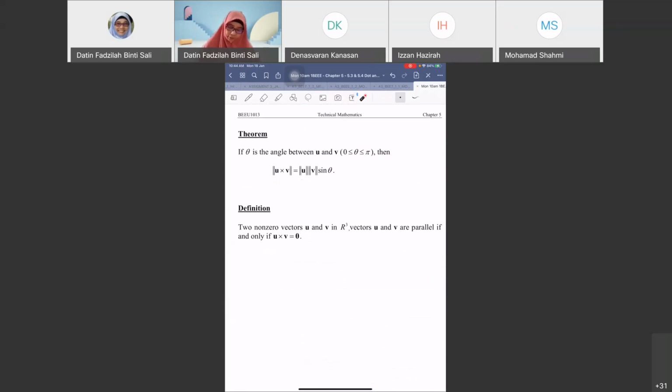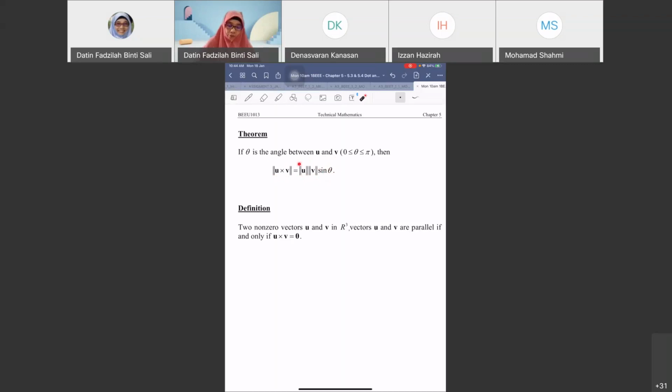It's a theorem which says that if theta is the angle between vector u and vector v, then the magnitude of the cross product is given by the magnitude of u times the magnitude of v times sine theta.